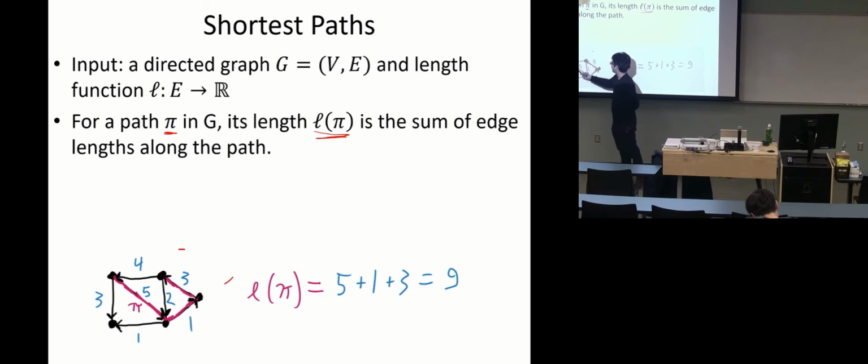It just goes from S to T. And the length is just the sum of the lengths of all edges. Is it the shortest path from S to T? Well, it is, because actually it's the only path from S to T. You cannot just go from here to here because it's directed.